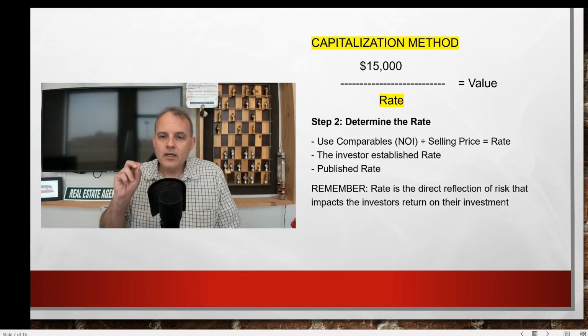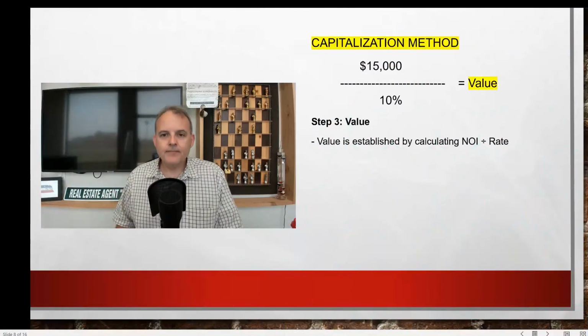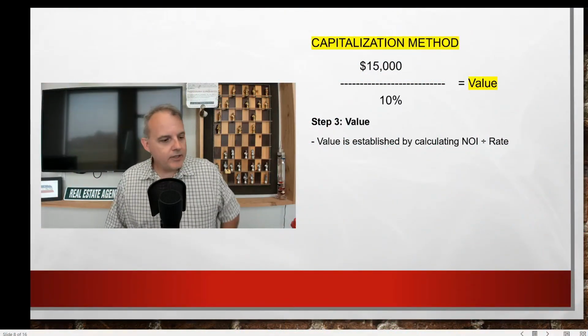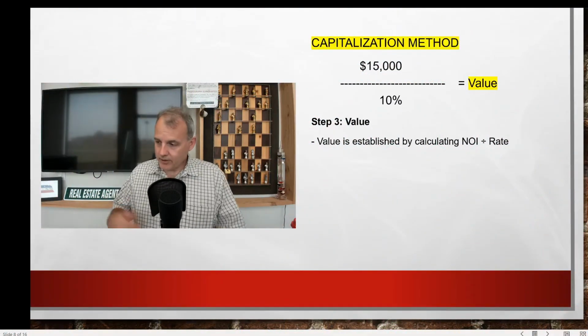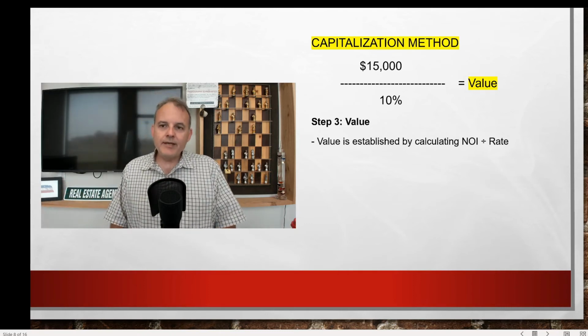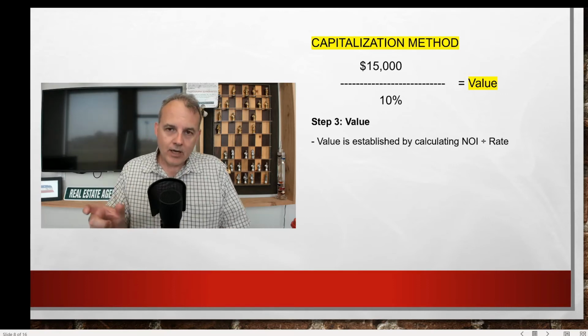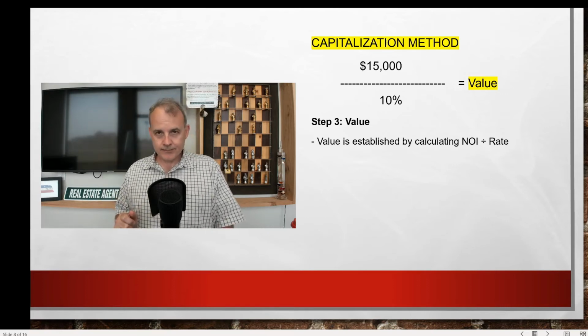So we have the net annual income of $15,000 in our little scenario here. Now the rate, let's say we did some calculation, or we looked in our book, or the investor minimum is 10%. So now we have 2 out of the 3 values where we can get the third value. So the NOI, the net operating income, is $15,000.